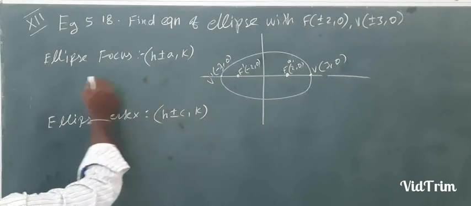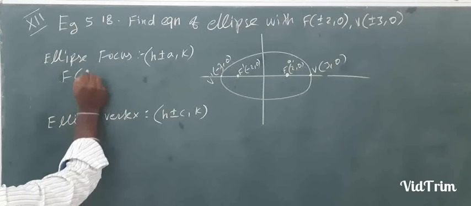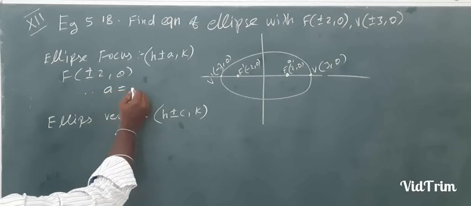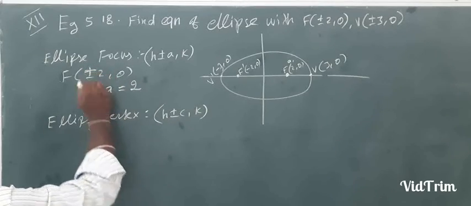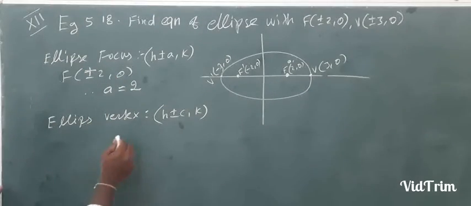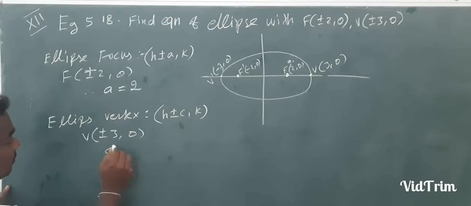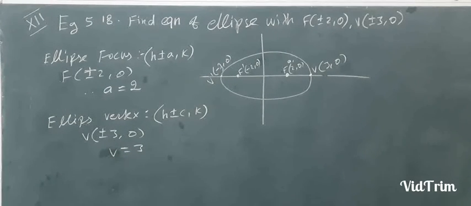Therefore, now you guess: they are given foci plus or minus 2 comma 0, therefore c is equal to 2. Here also they are given vertices plus or minus 3 comma 0, so a is equal to 3. But we need the a square value and b square value, because the ellipse equation is x minus h the whole square by a square plus y minus k the whole square by b square.